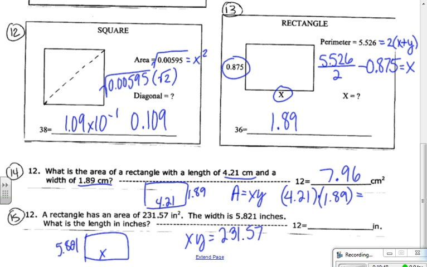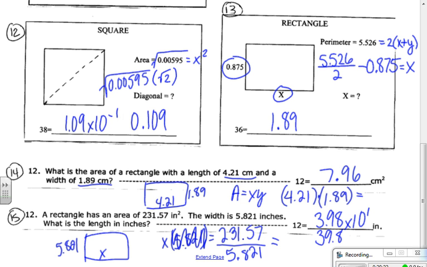So we're going to go ahead and plug in 5.821 here. And in order to undo that multiplication, remember we have to divide. That's the opposite. So x is equal to our area divided by our width. And that gives us our length of 3.98 times 10 to the first. Or you look at it, you move your decimal over 1, 39.8.